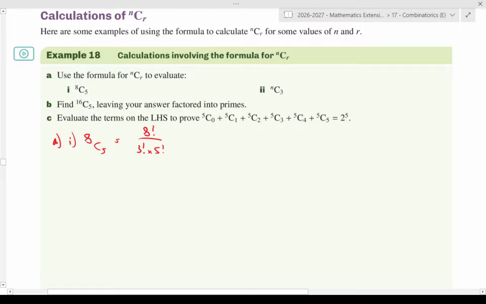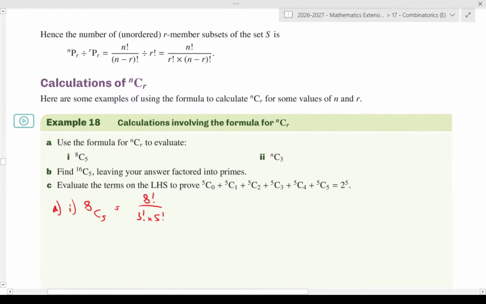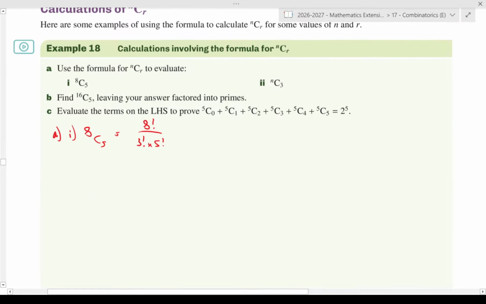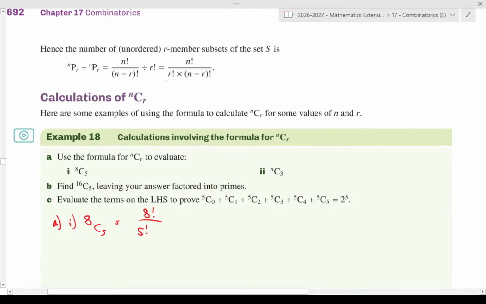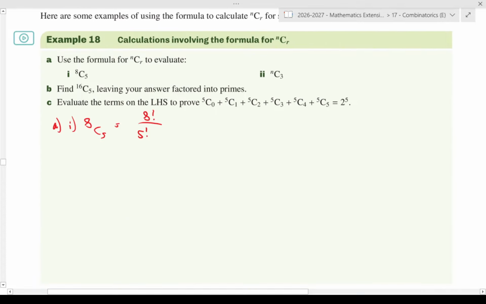Actually, I'm going to go the other way around. It doesn't matter because it's commutative, but I'm going to go 5 because that's our r down there. So I want to have our r. And if you have a look, we've got r and then n minus r. So that's why we've got the 3 factorial over there. So I prefer that.